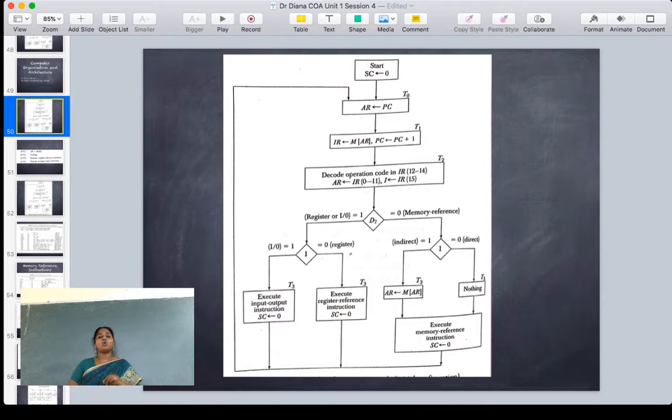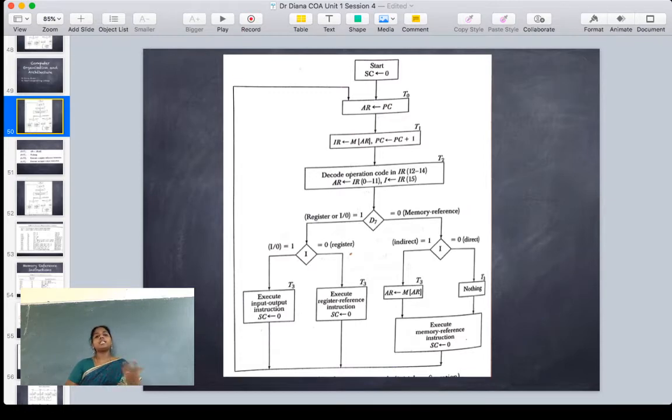The decoded output D7 and the flip-flop I determine the type of instruction, and we have seen that when D7 is 0 and I is 0, it refers to a memory reference instruction which has direct memory addressing mode. And with D7 equal to 0 and I equal to 1, we have an indirect addressing mode based memory reference instruction.